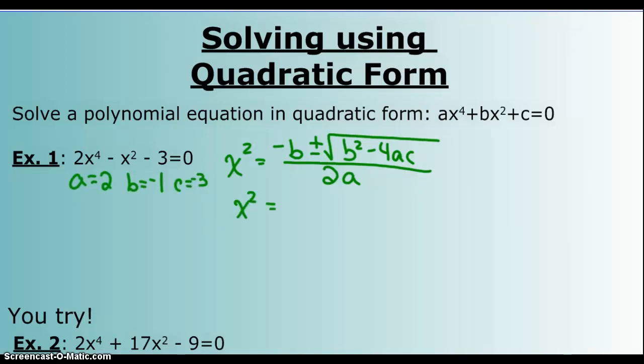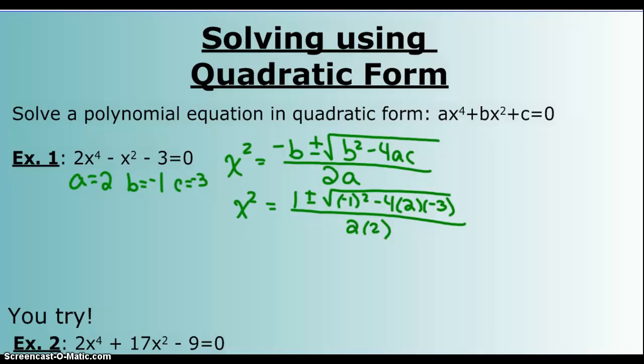So as I set those up, I'm going to have 1 plus or minus the radical of negative 1 squared minus 4 times 2 times negative 3, and that's all over 2 times 2.